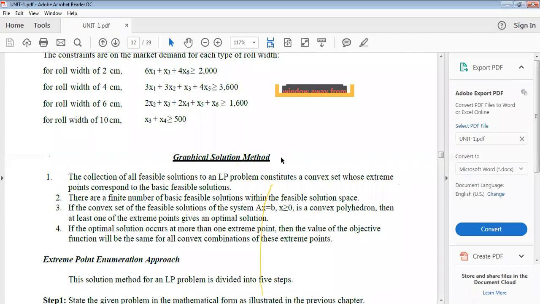Other methods are the simplex method, big M method, and so many more. All the methods have to be carefully solved. This is a very typical, toughest chapter unless you work on it.